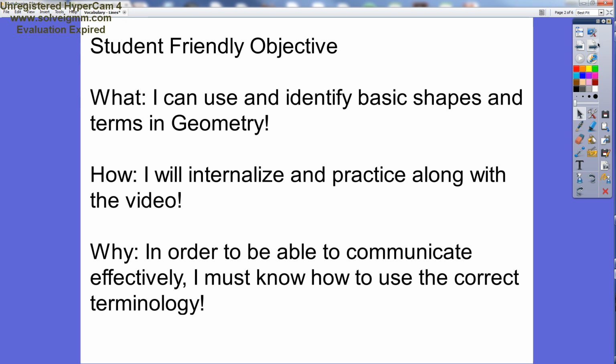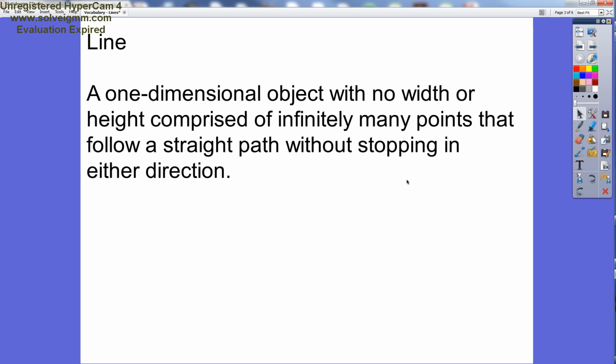So today we're going to learn how to effectively use the word line. When we're talking about a line, we're talking about what we would call a one-dimensional object. Last time with points, we were talking about a zero-dimensional object, something that had no length, no width, no height, no actual measurable amount of anything.